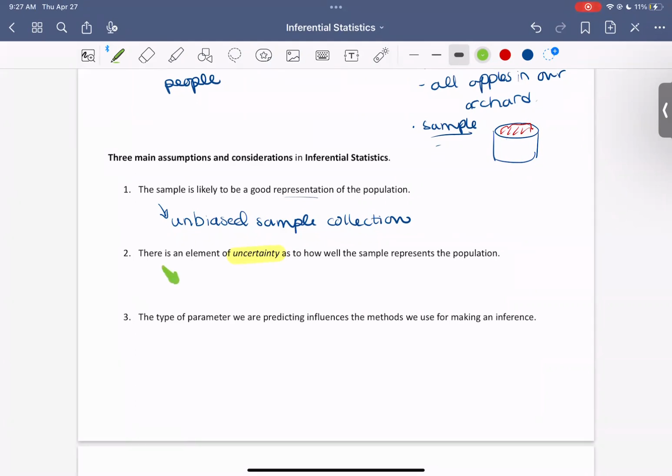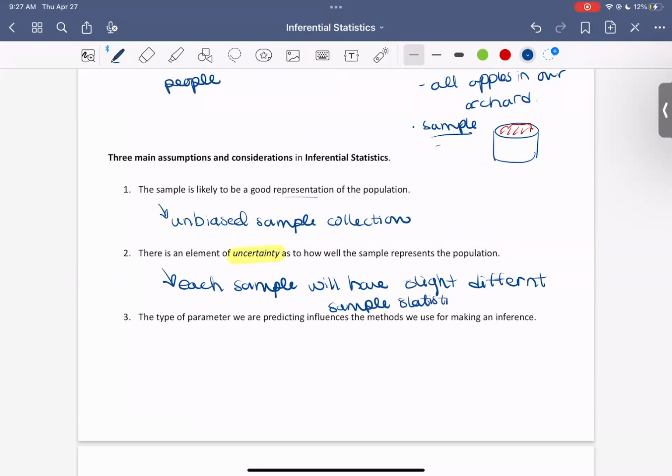So each sample will have a slightly different sample statistic, because each sample has a different collection of people or apples.